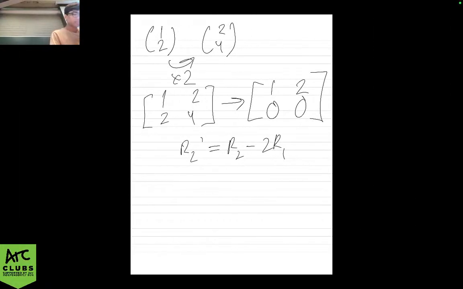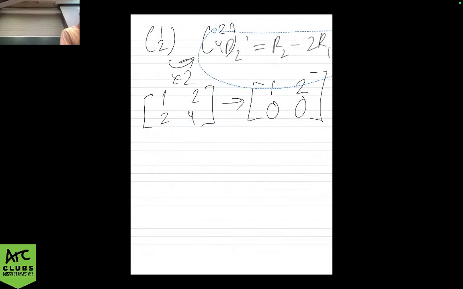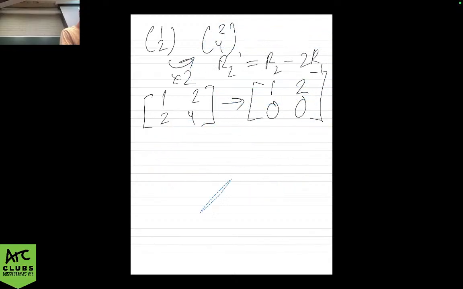Let's go back to this. Maybe you remember that if I wanted to find the determinant of a matrix in row echelon form, I can just take the product of the diagonal.